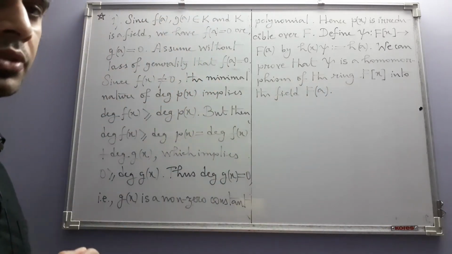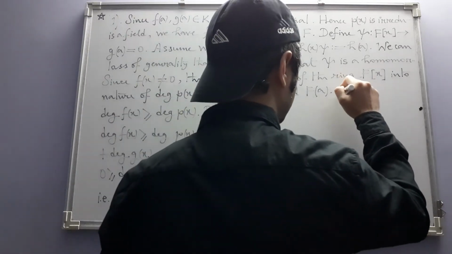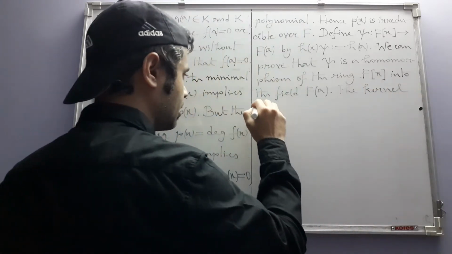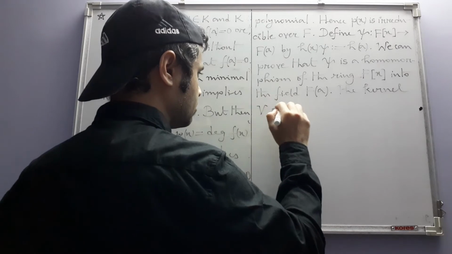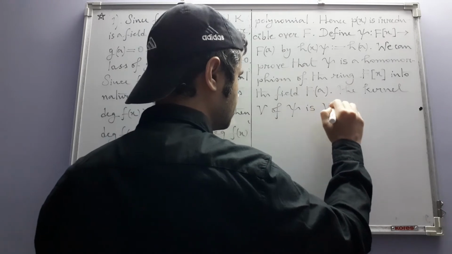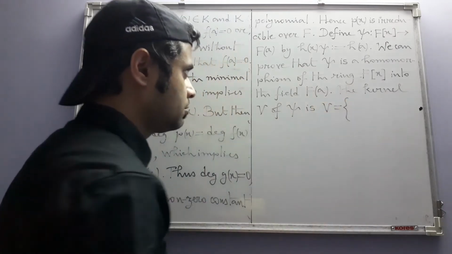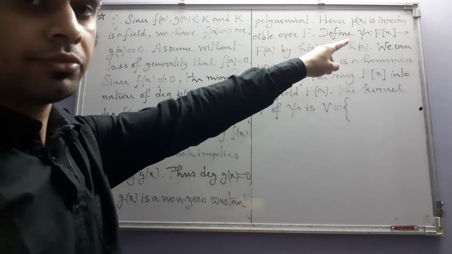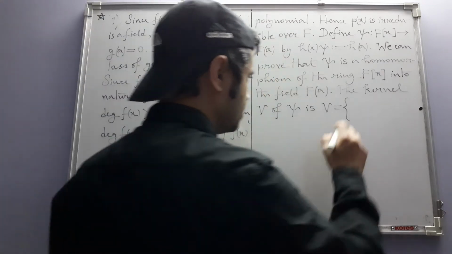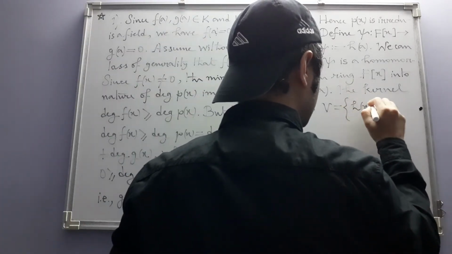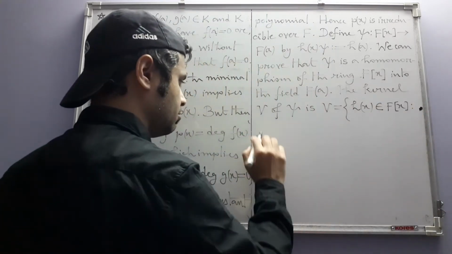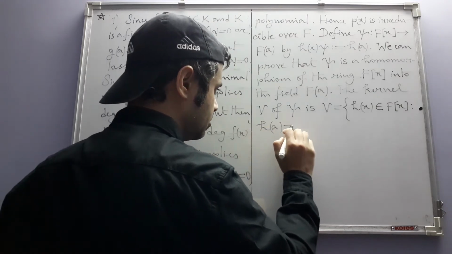And what is the kernel of this homomorphism? By definition, the kernel V of psi is the set of those elements in F[x] which give us the zero element in F(a), that is h(x) belonging to F[x], which when you evaluate at a you get 0.